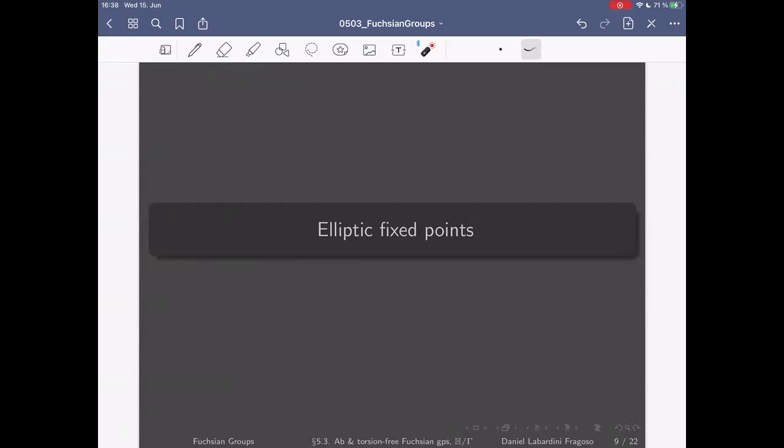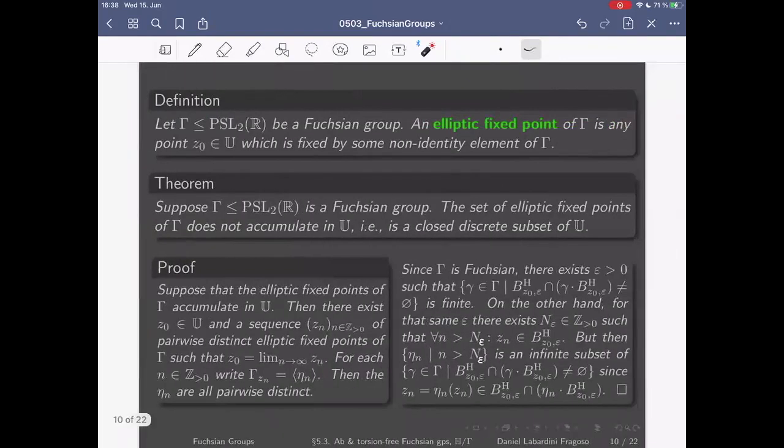Okay, so now we look at elliptic fixed points. We define it to be some point in the upper half plane which is fixed by some non-identity element of gamma.